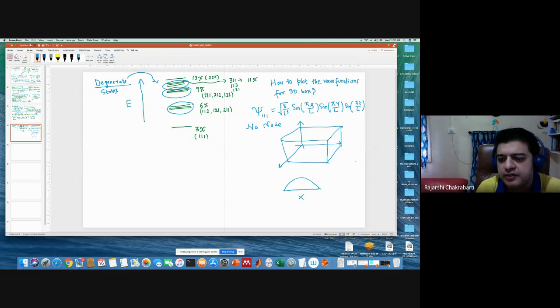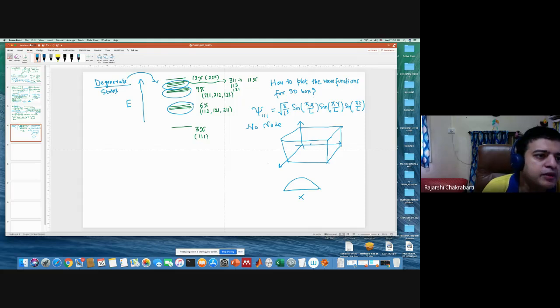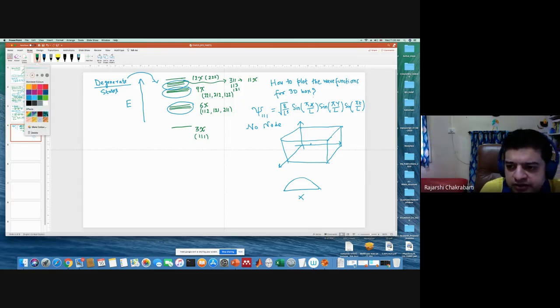People plot it using shades. So you have a face which is very, very dense, and as you go towards the boundary, the shading becomes lighter.